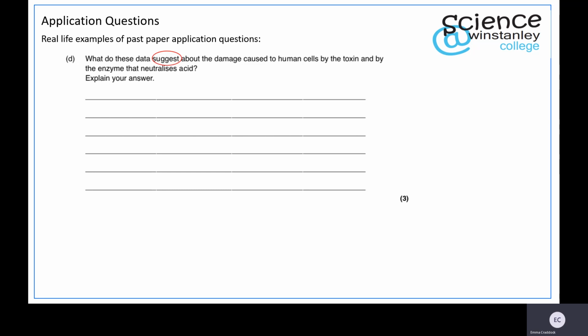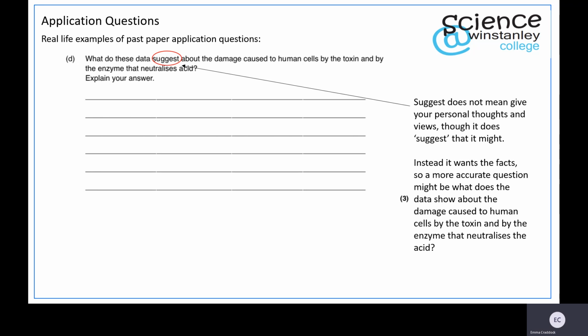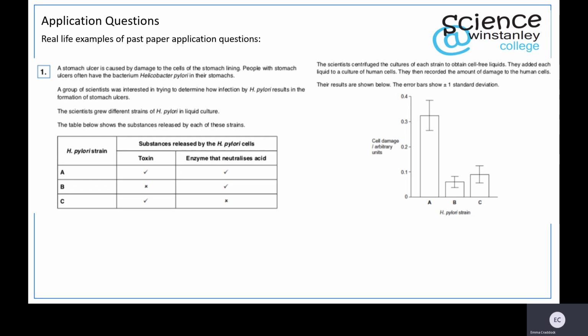Now again, it has the word suggest in it. So again, remember, suggest does not mean give your personal thoughts and views, although it does seem to suggest that it might. Instead, it wants a fact. So a more accurate question might be, what does the data show about the damage caused to human cells by the toxin and by the enzyme that neutralizes the acid? So tell me what does it show? And have a look. So it's asking about the data.